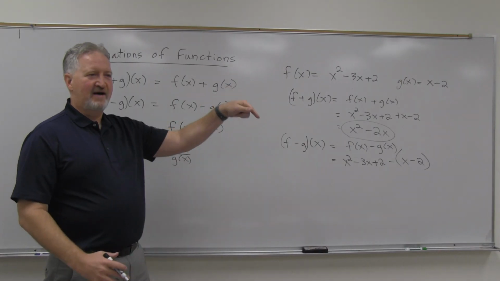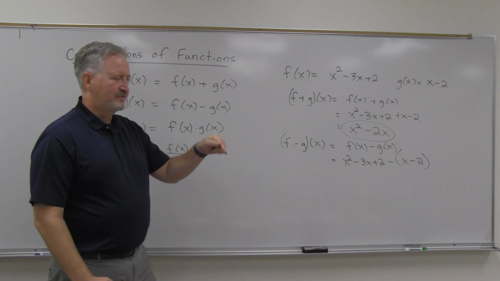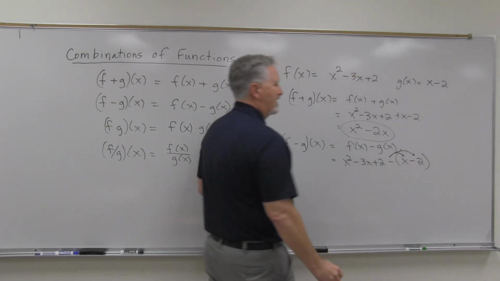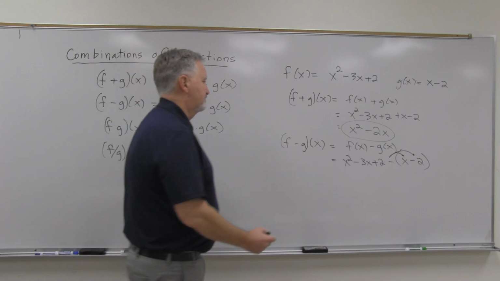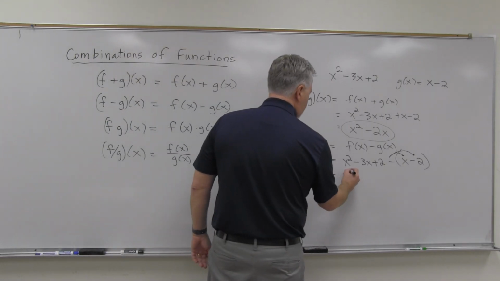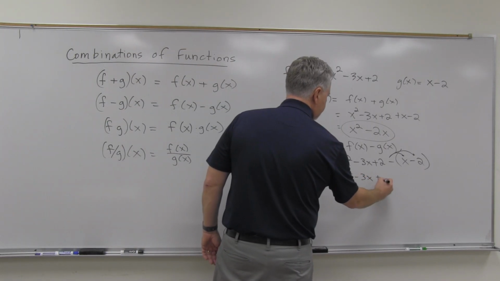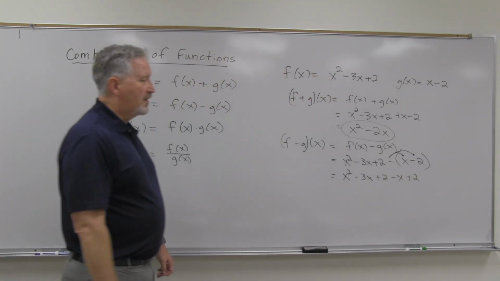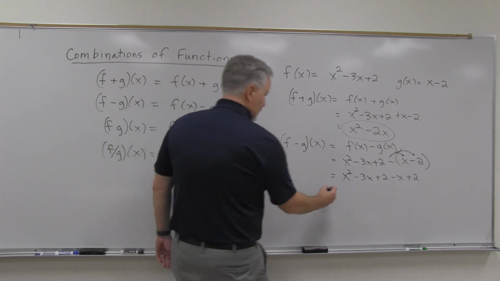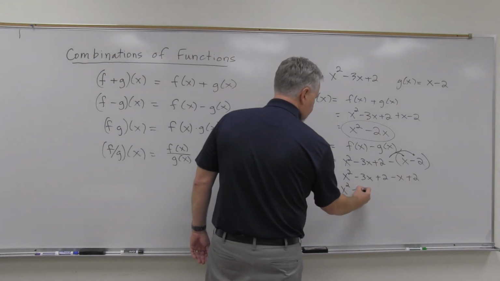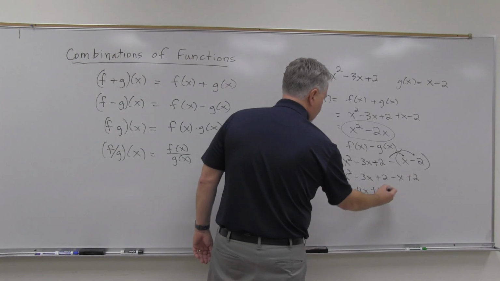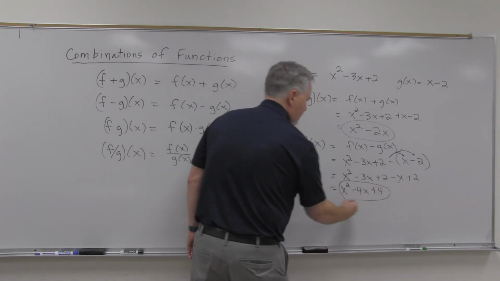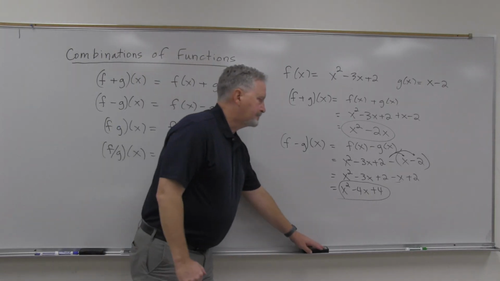You've got to distribute the minus. So on the minus g of x, you've got to distribute the minus sign, and that's going to change it to a plus, and that's a whole other thing there. Because the 2's aren't going to cancel there. What are we going to get? x squared minus 4x plus 4, combining the like terms. Everybody with me there?